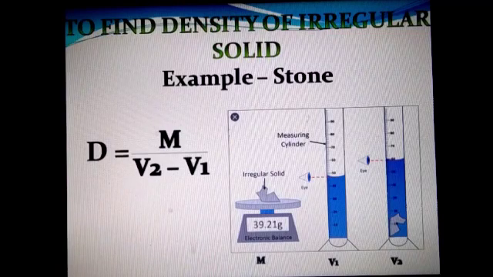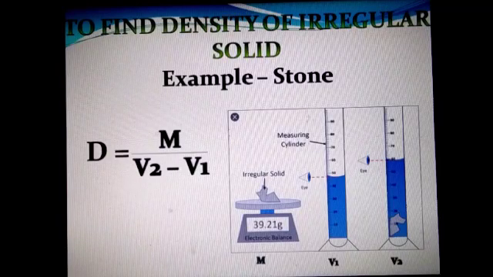Next, when the irregular body is placed inside the measuring cylinder, naturally the level of water will increase, as you can see in the second figure. So here we find that the level of water has increased to 60.